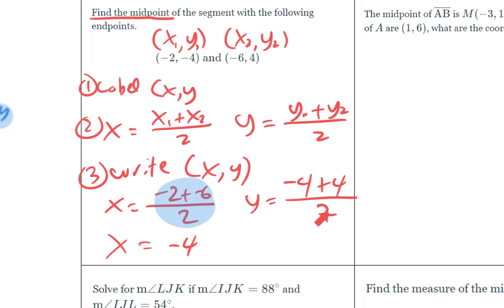This is going to be 0 divided by 2, but we just type that whole thing into our calculator. And that would be y equals 0. So our final answer is x value of -4, y value of 0. We're just using the x that we found, we put it there, and then the y that we found, we put there.